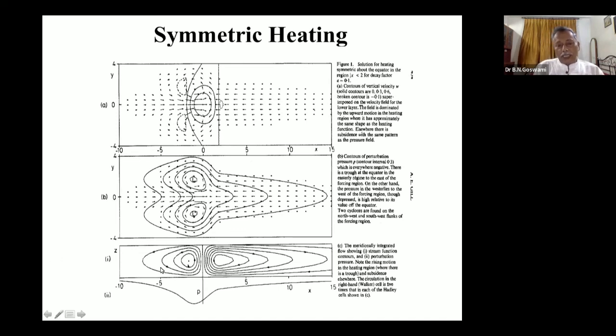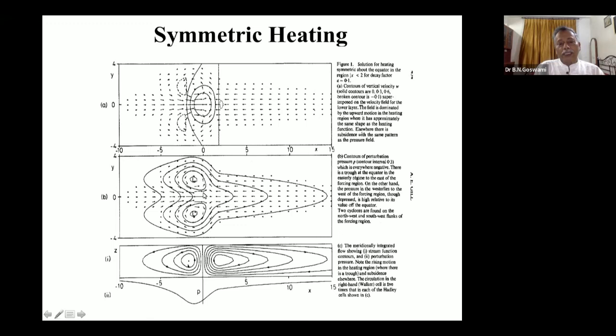So this is consistent. In fact, it turns out that the Walker circulation in the atmosphere has similar asymmetries, and that is the beauty of this analysis and this work of Gill.